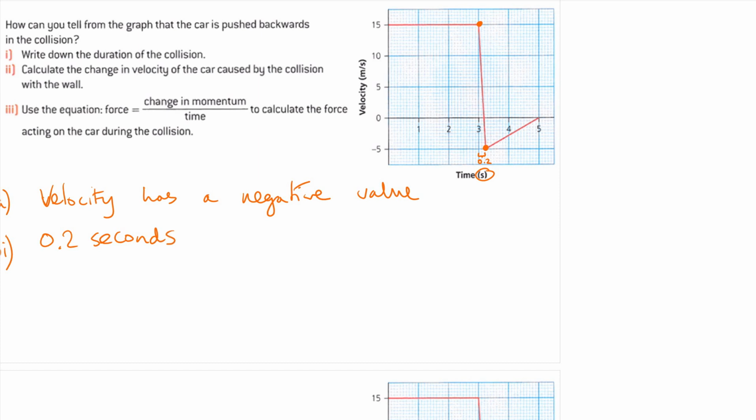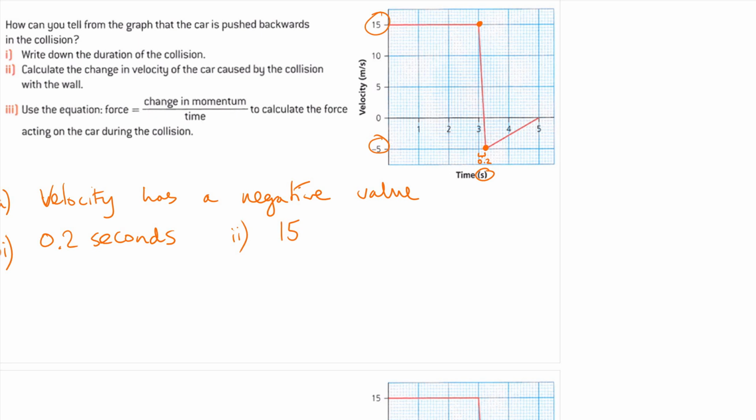Now, question 2, calculate the change in velocity caused by the collision with the wall. It started off at 15 meters a second, yes? It then ended up moving away at 5 meters a second, but in the opposite direction.